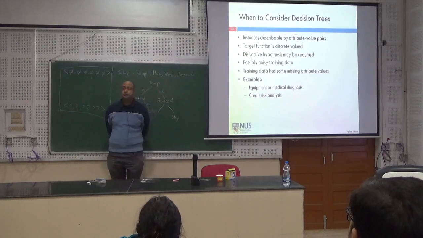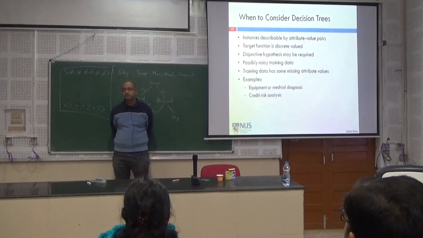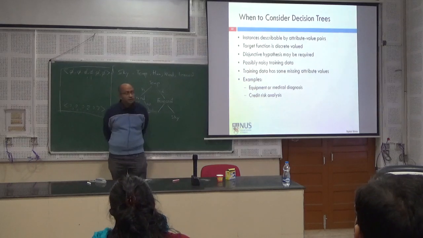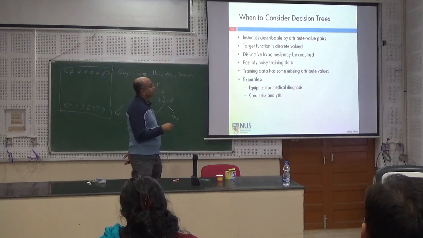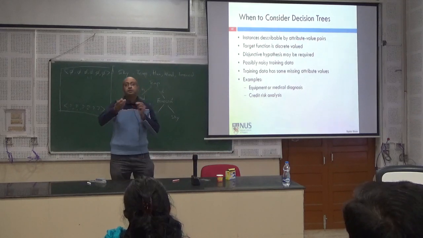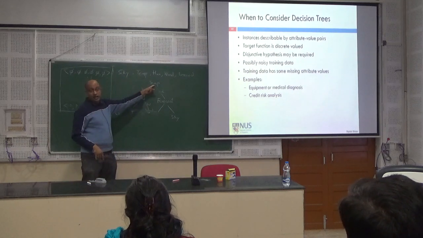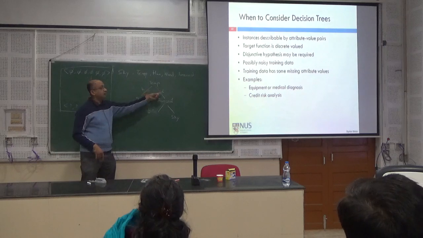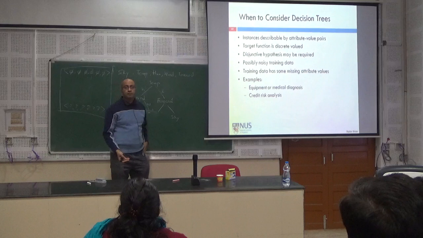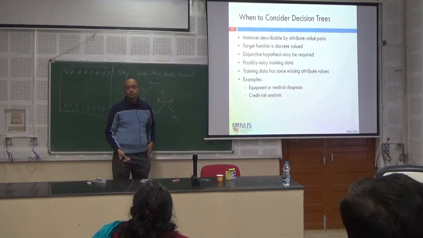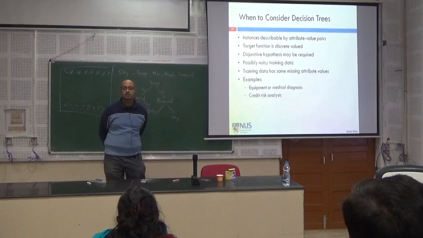So when should we use decision trees as compared to other machine learning things? Right? When should I be using this? In general, when your instances are described by attribute value pairs, like here, temperature, this is my attribute, and I have values high, low. When you have things like this, let's say you're trying to find the medical condition or whether a patient has a certain disease or not.